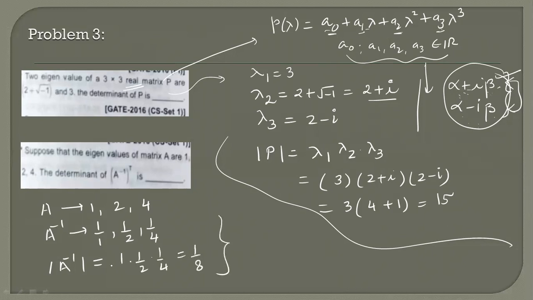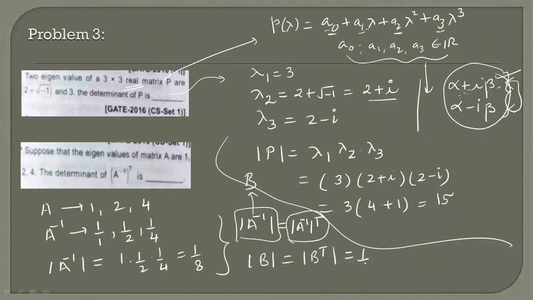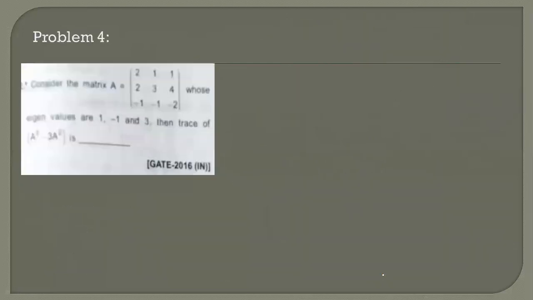And we know that the determinant of any matrix is equal to the determinant of its transpose. It means the determinant of A inverse is equal to the determinant of A inverse transpose. If we suppose A inverse is some matrix B, then it's a simple result that determinant of B equals determinant of B transpose. It means it will be equal to 1 by 8 also. So this is the third question based on properties of eigenvalues.